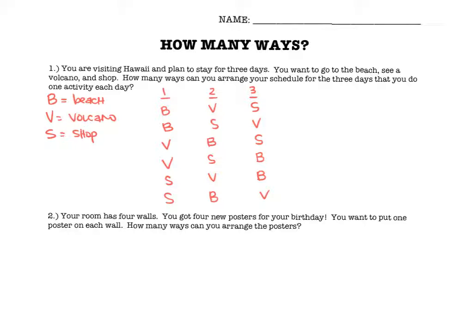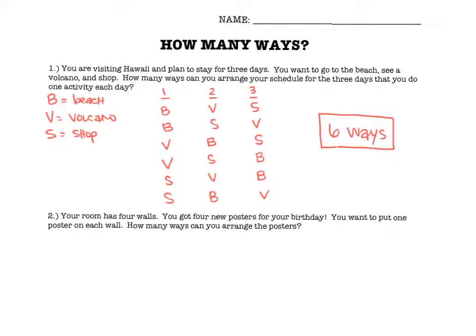Again, the more organized you are in your list making, the easier it will be and the more sure you will be that you have given every option. All right, well, I can't repeat any activities and I can only have one per day, so I think I've come up with all of the options. So the answer to number 1 would be 6 ways that I could arrange my vacation.